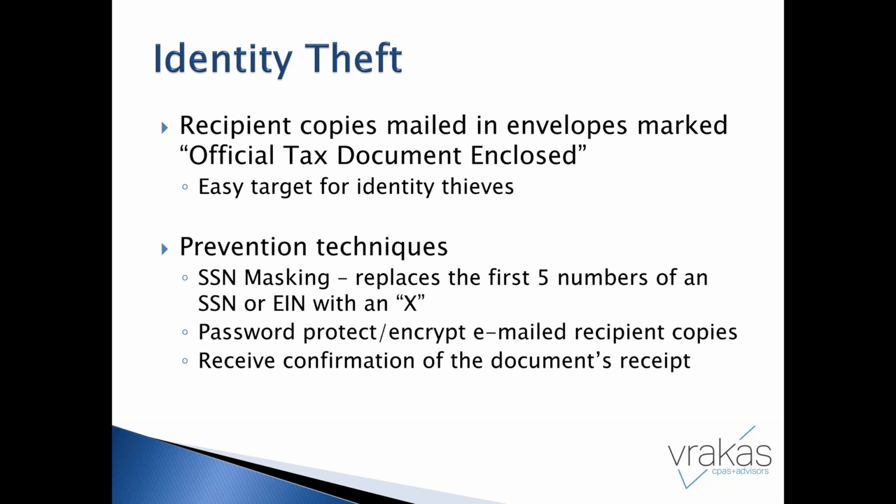But even if you have official tax document, you could have the first 5 digits marked out of their social security number or their business number and only have the last 4. But that's only to the recipient. To the IRS, you need to show all 9 numbers. And if you're sending them electronically, I would suggest encrypting that file and then providing them a password some other way.